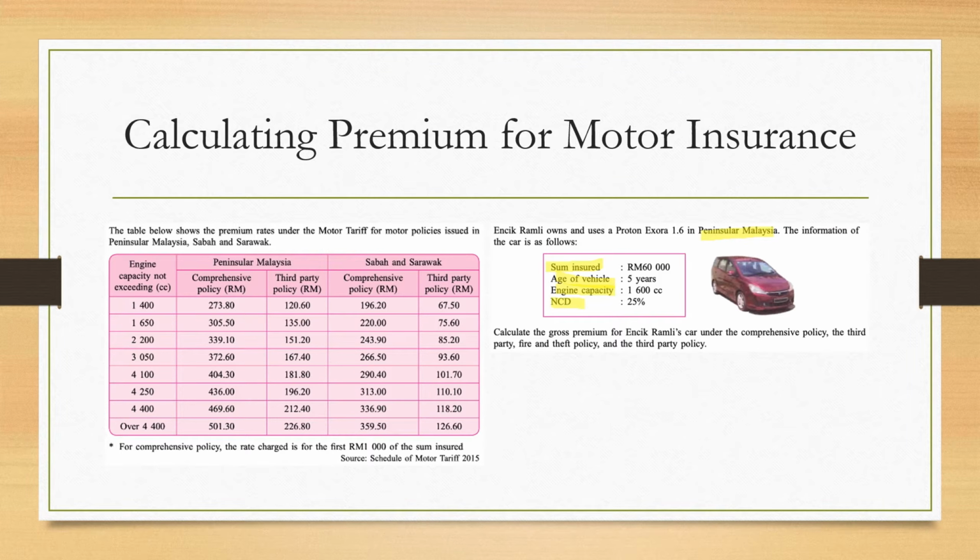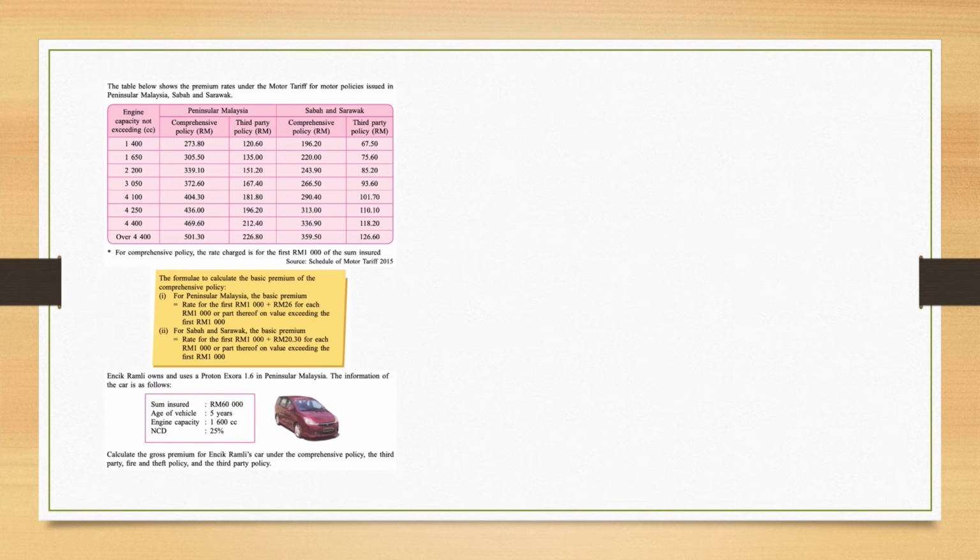Usually the question will ask you about the gross premium under the comprehensive policy, third party, fire and theft policy, as well as third party policy. Now let's look at this question. We have a table, and we have a formula as well. The formula will not be given in the test, for your information. Only the table as well as the question.